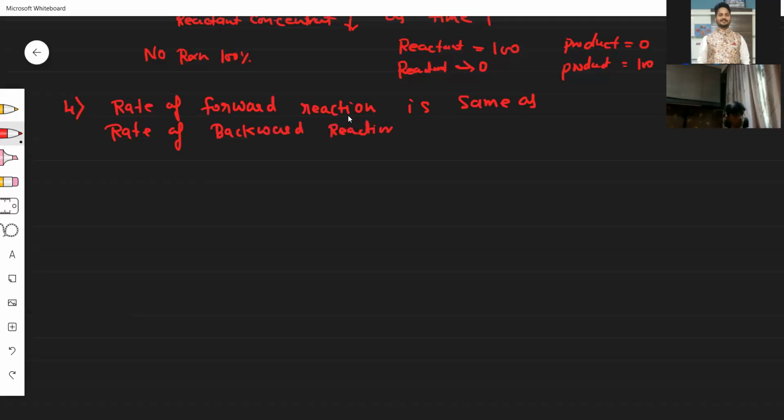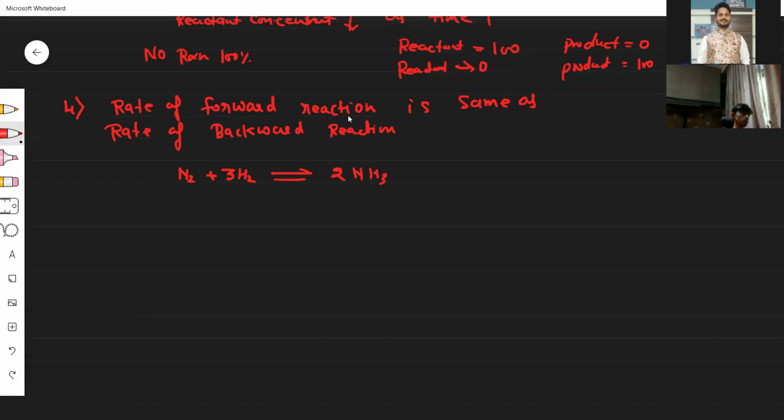What does it mean? When you compare anything with respect to time, we introduce the term rate. Take the same reaction here, N2 plus 3 molecules of H2 give you 2 NH3.